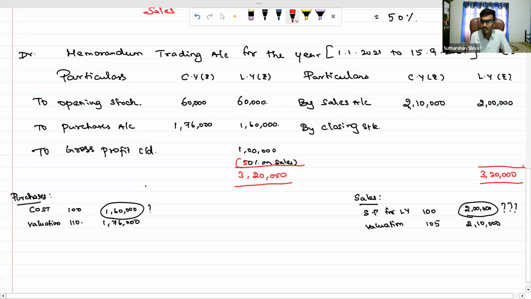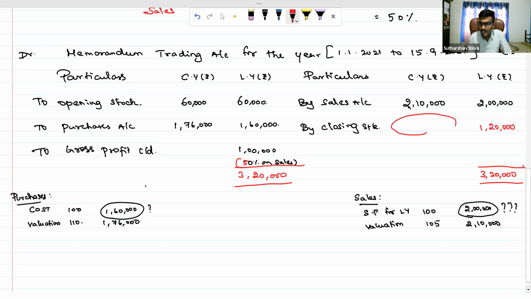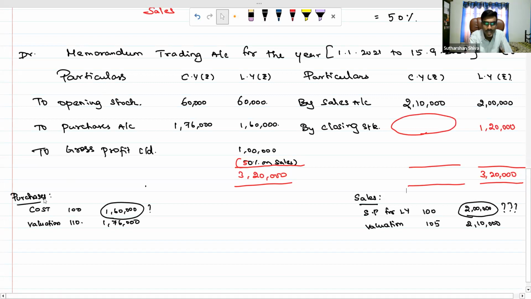Okay. So if I do, it is 1,20,000. Here, this value I need to find out. How am I going to find it out? That's the question here. So the closing stock, the last year valuation, the purchases I am doing, right?